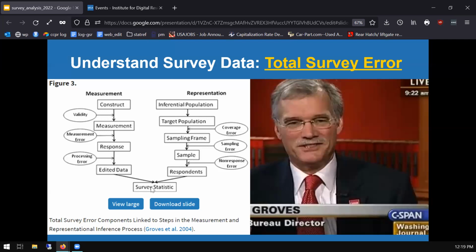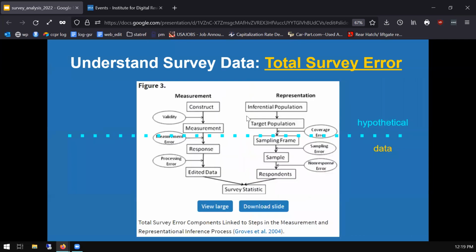But before you do that, you have to unroll that and see all of the different aspects that go into collecting the survey data. We'll break it down later, but on the left branch, I like to think of it as relating to questionnaire design, asking the right questions about the measurements you're interested in. Is it a health outcome? Is it a policy question?